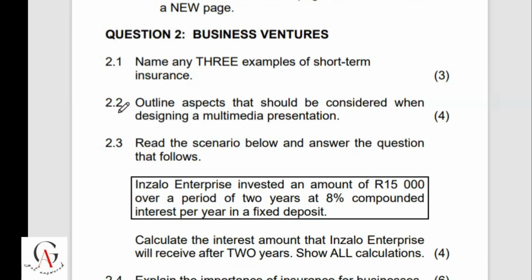Now let's check 2.2, outline aspects that should be considered when designing a multimedia presentation. Whenever designing a multimedia presentation, start with the text, which forms the basis of the presentation. Then select the background to complement or enhance the text. Then choose images that may help to communicate the message. Create graphics to assist the information which is conveyed.